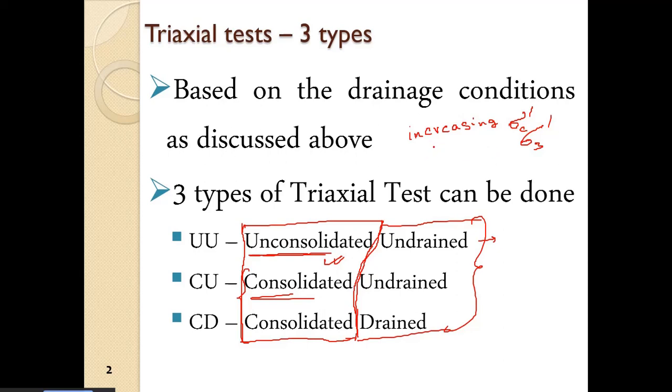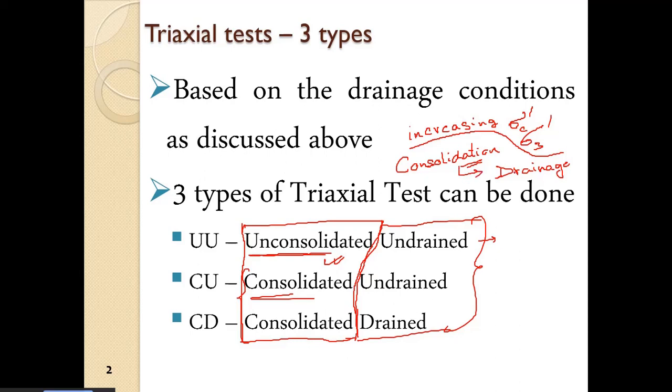So we saw that with increasing effective stress, the soil underwent consolidation. Of course, we have to allow drainage. If we allow drainage, then only consolidation will occur.